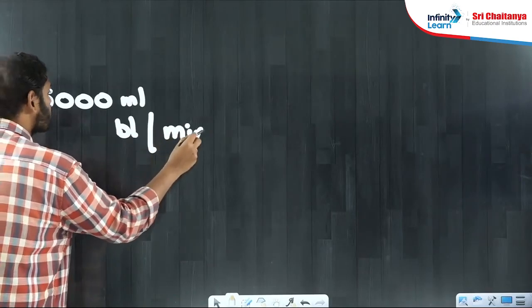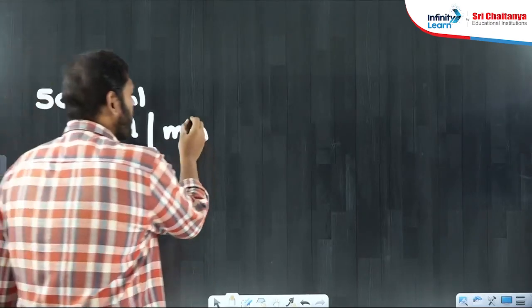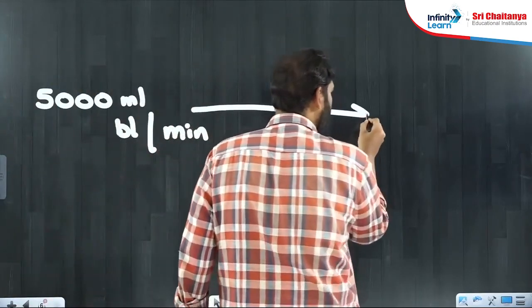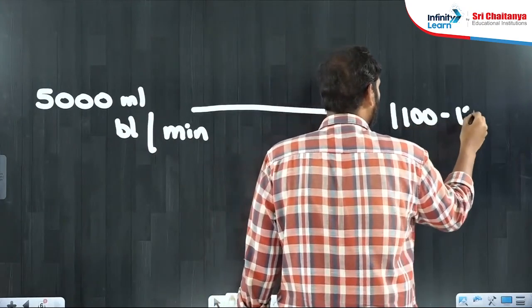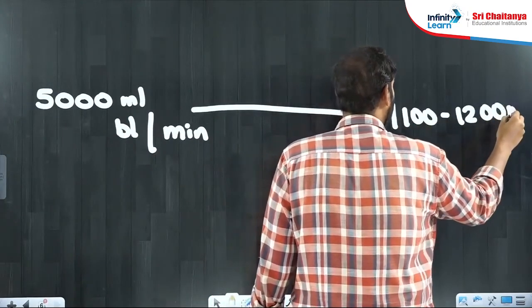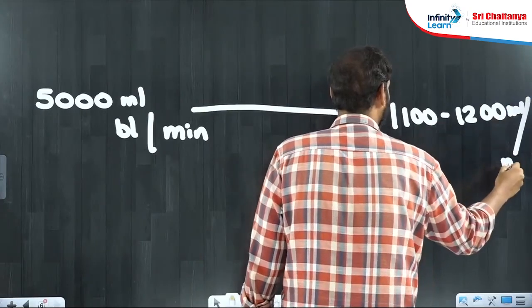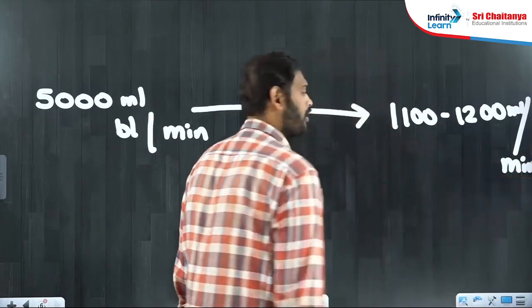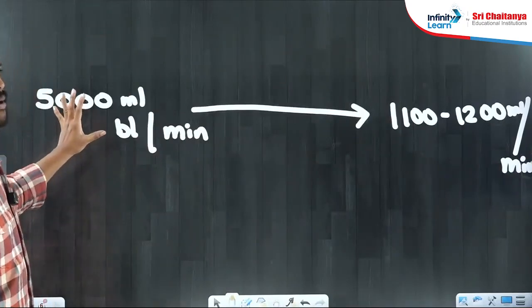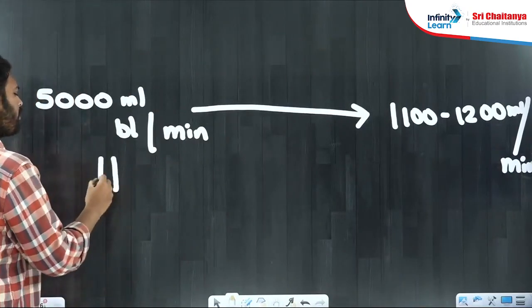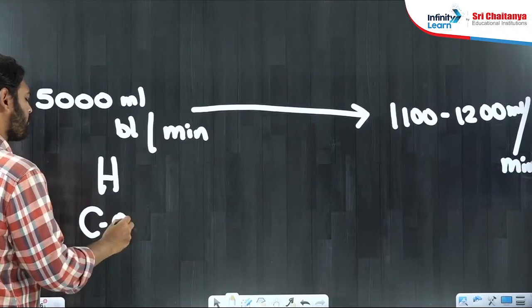Of this 5000 ml, kidneys filter something around 1100 to 1200 ml of blood per minute. So 5000 ml of blood pumped by the heart is referred to as cardiac output.